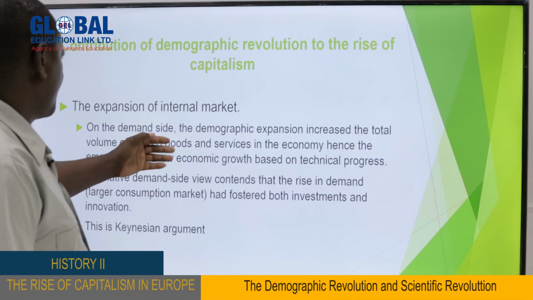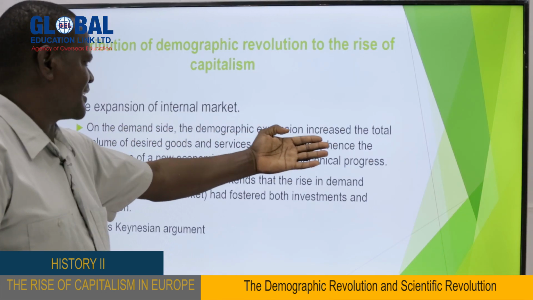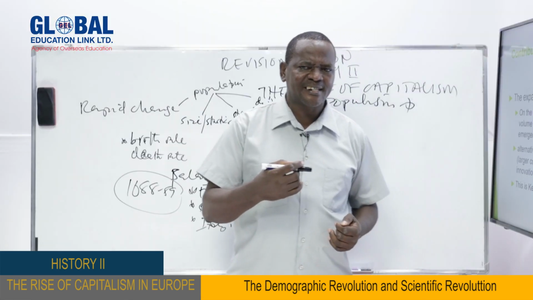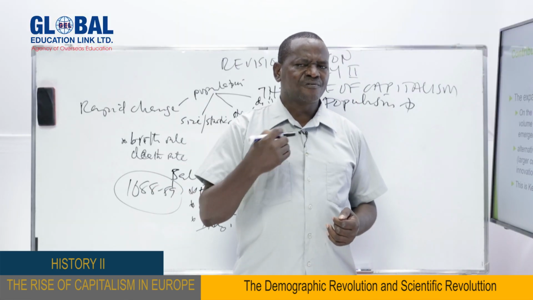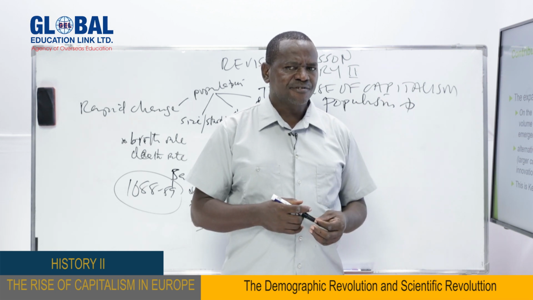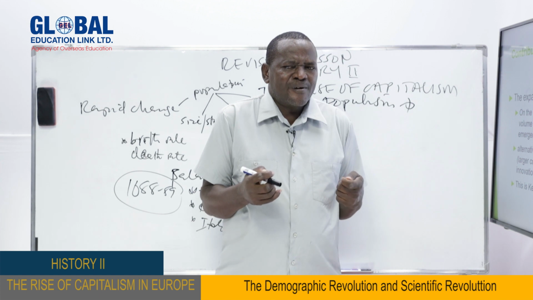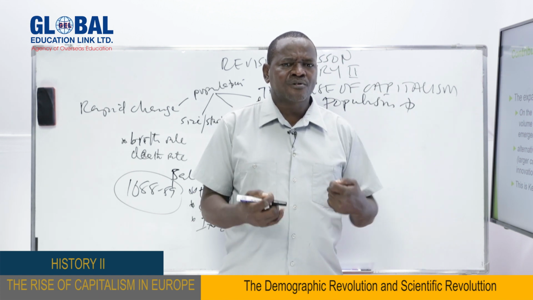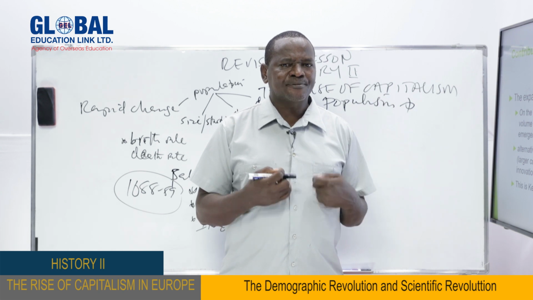So on the demand side, the demographic expansion increased the total volume of desired goods. Increased population has increased the total volume of desired goods. People who want to buy some goods increase. So as the people who demand increase, industries that produce those goods have to increase production.